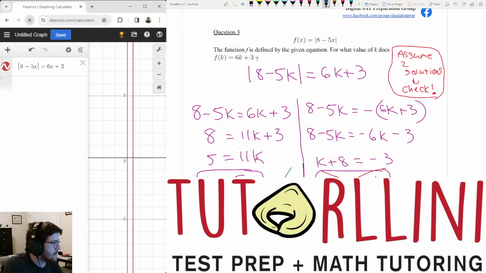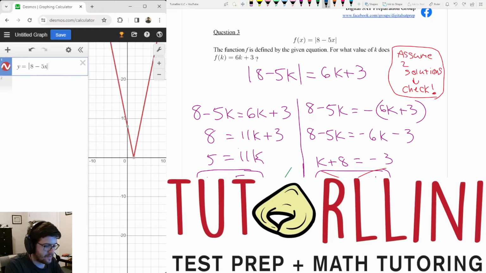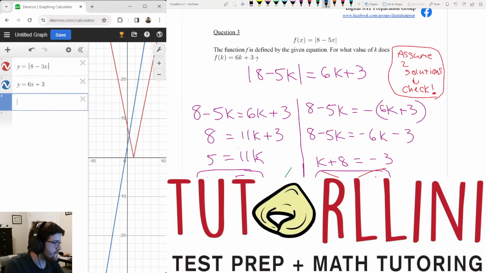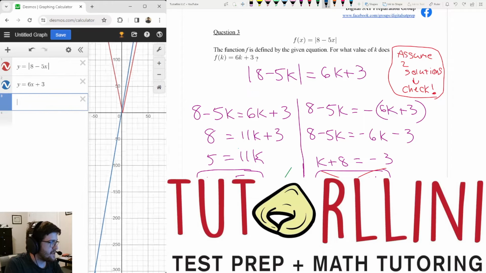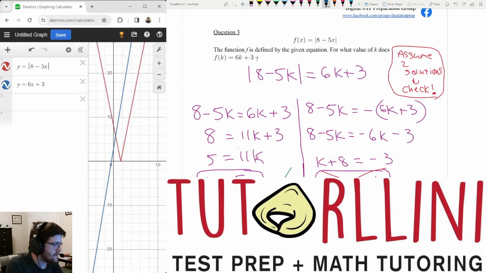So I'm going to do the Desmos lesson number 1 way, where I break it into 2 equations, kind of the old-fashioned way. So y equals the absolute value of 8 minus 5x, and then y equals 6x plus 3. And you kind of see, because of the way the slopes of these lines play out, it only crosses once.